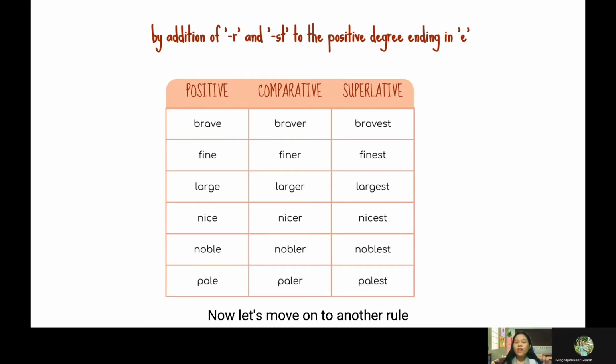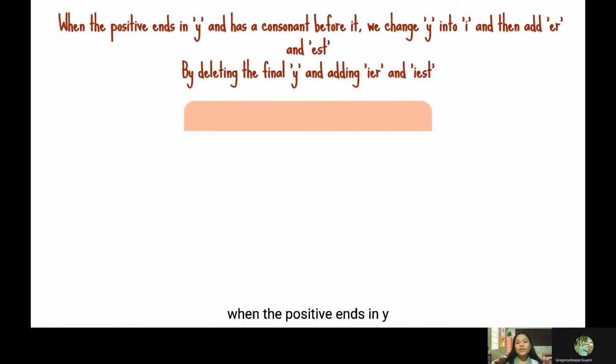Now let's move on to another rule. When the positive ends in Y and has a consonant before it, we change Y into I, then add ER and EST. So we will change Y to I, and then we will add ER if it is comparative, and we will add EST if it is superlative.